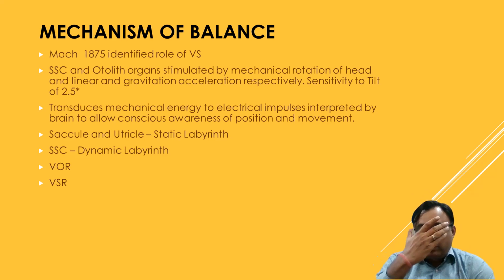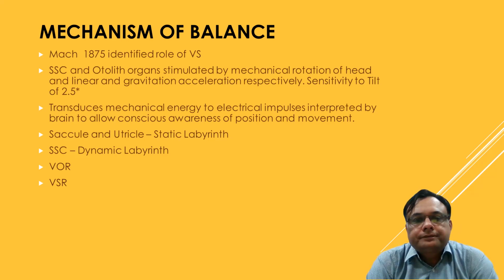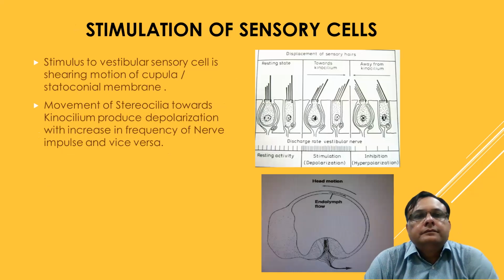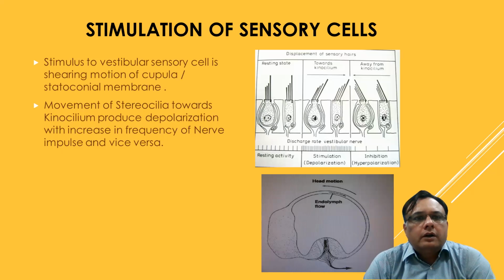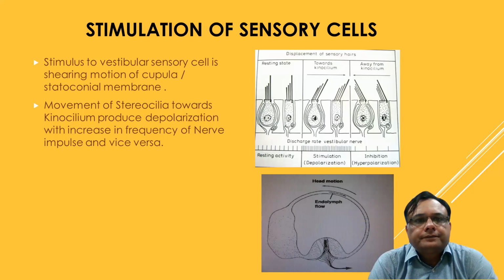Vestibulo-ocular reflex. Stimulation of the sensory cells: the stimulus to the vestibular sensory cell is shearing motion of the cupula or otolithic membrane. Movement of stereocilia towards the kinocilium produces depolarization with increase in frequency of nerve impulses, and vice versa.